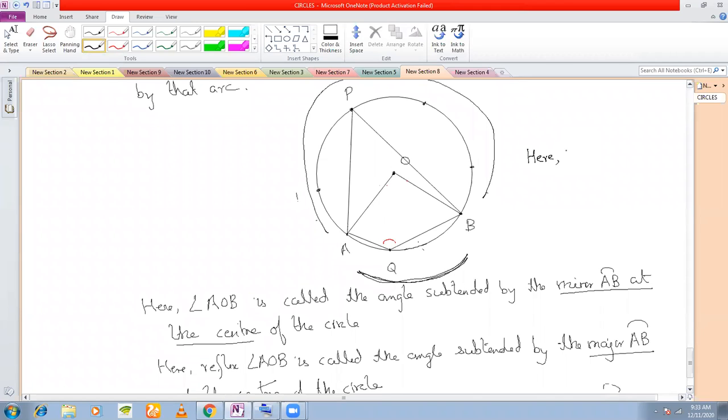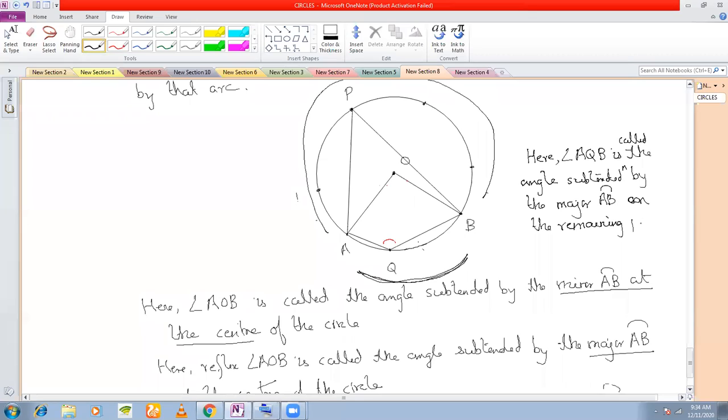Here angle AQB is called the angle subtended by the major arc AB on the remaining part of the circle.